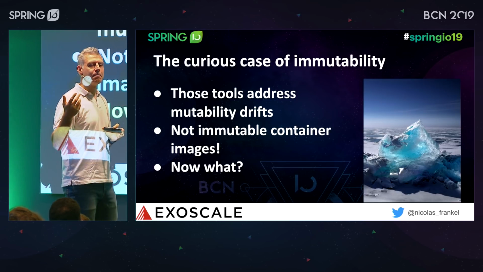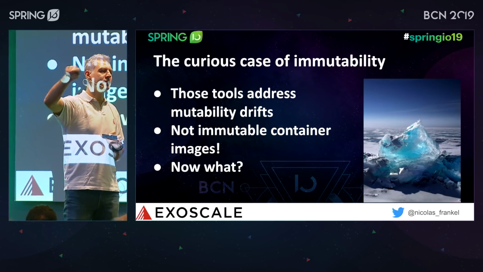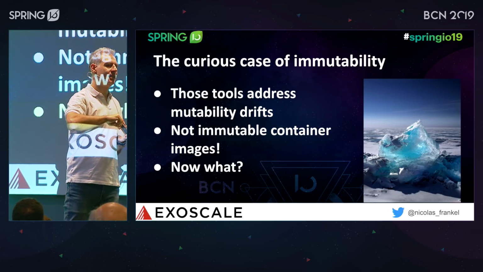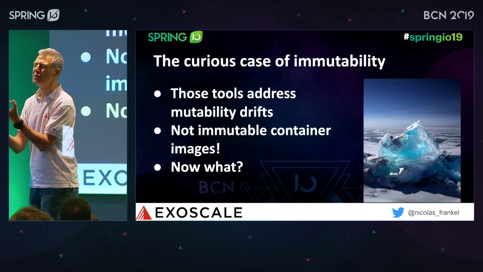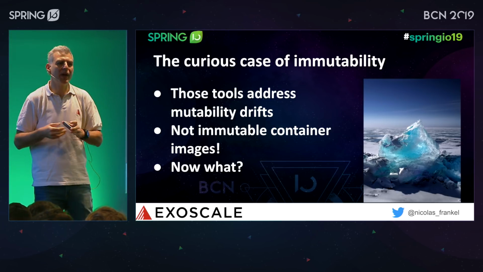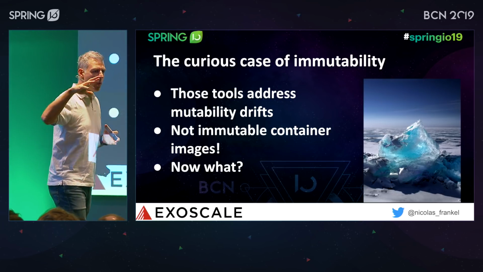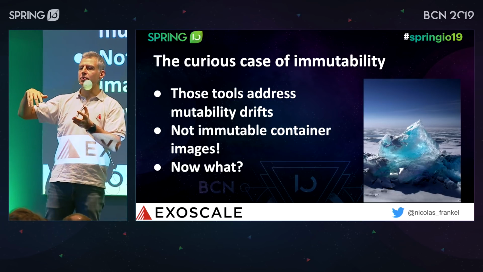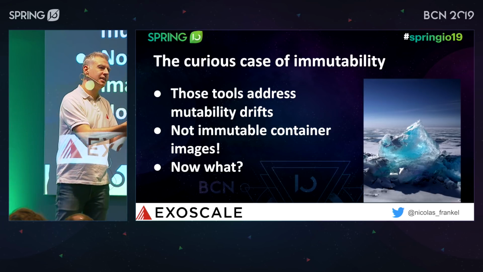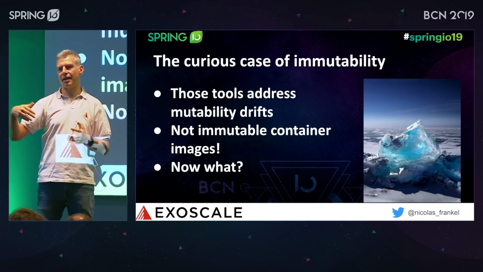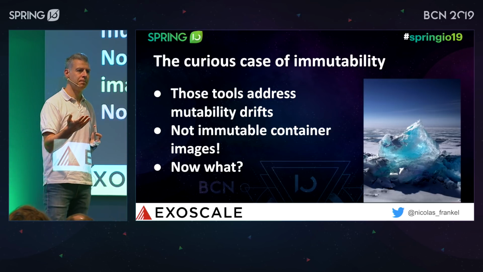The problem is the same image needs to be deployed in different environments. So even if the image is immutable, it should be configured in different ways. Like before, you had the war, and you deployed it into Tomcat. And of course, if you deployed it in a development environment or in a staging environment, the database URL was not the same.